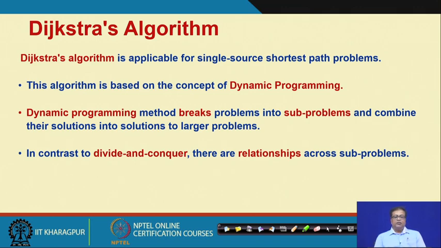This algorithm is based on the concept of dynamic programming. That means it breaks the problem into a set of subproblems and then combines those subproblem solutions into a larger problem solution. But it is not really a divide and conquer kind of thing. It is finding a relationship between subproblems and, through one subproblem solution, finding the next subproblem solution stage by stage.